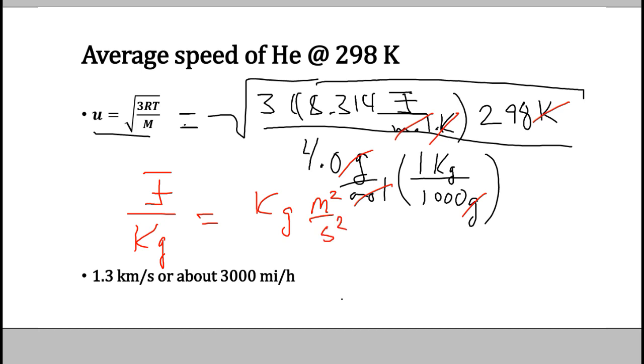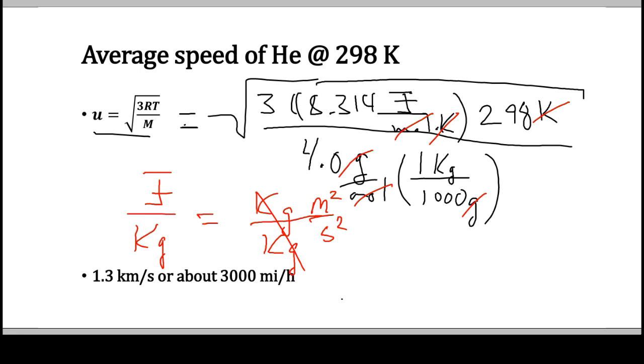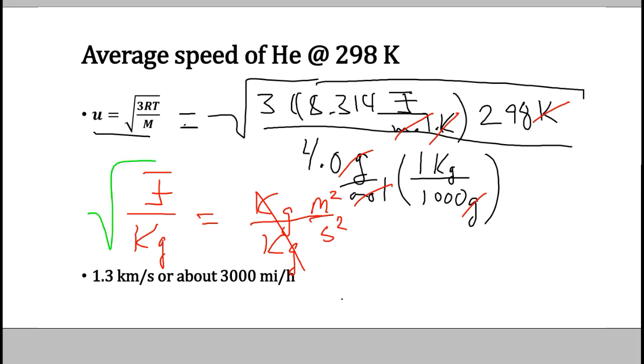Okay, and then this was all over a kilogram. So the kilograms cancel and we're left with meter squared per second squared. But we were taking the square root of both sides. So if we take the square root, we're left with meters per second.